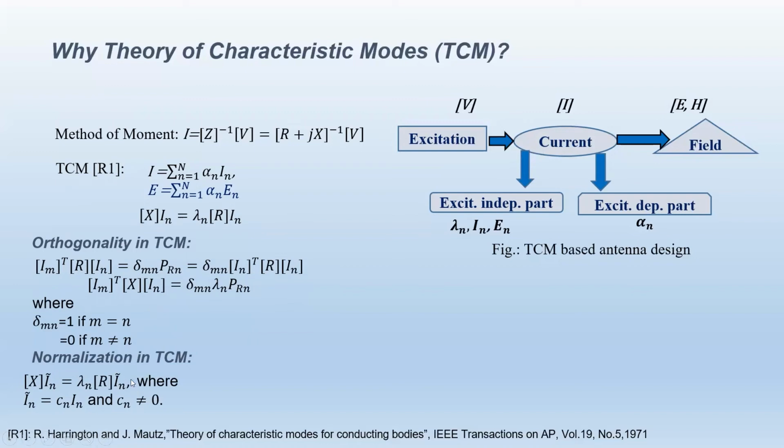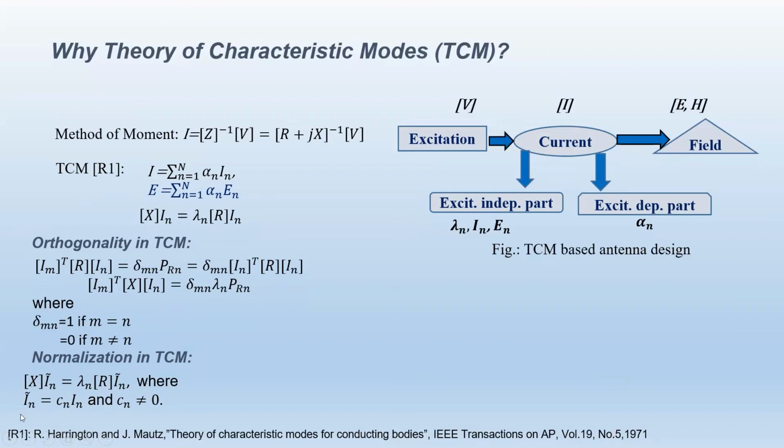Let us consider any other eigenvector that is a weighted version of I n, like this. So I n tilde equals some weighted version of I n, which also satisfies this characteristic equation. So for different values of C n, there can be infinitely many possible eigenvectors.